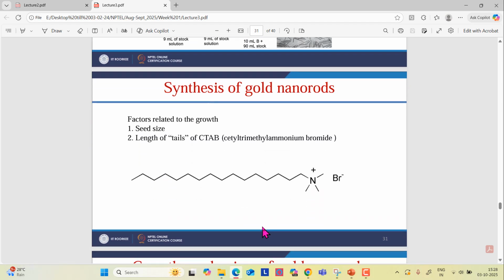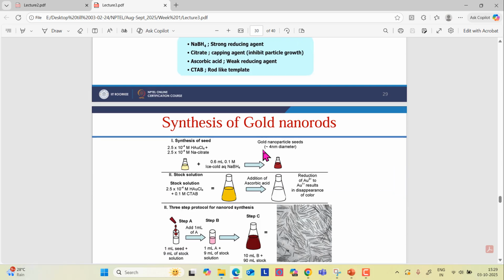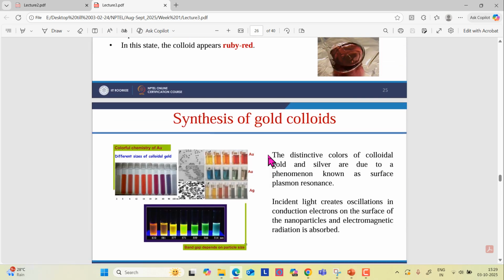In the nanoparticle synthesis process, the first step is nucleation. Nucleation means the first nanocrystal forms inside the solution. When multiple nanocrystals are there, that is called the growth stage, right? The next step is development of the facets. Depending upon the nucleation and growth, different shapes of gold nanoparticles or nanorods are formed.